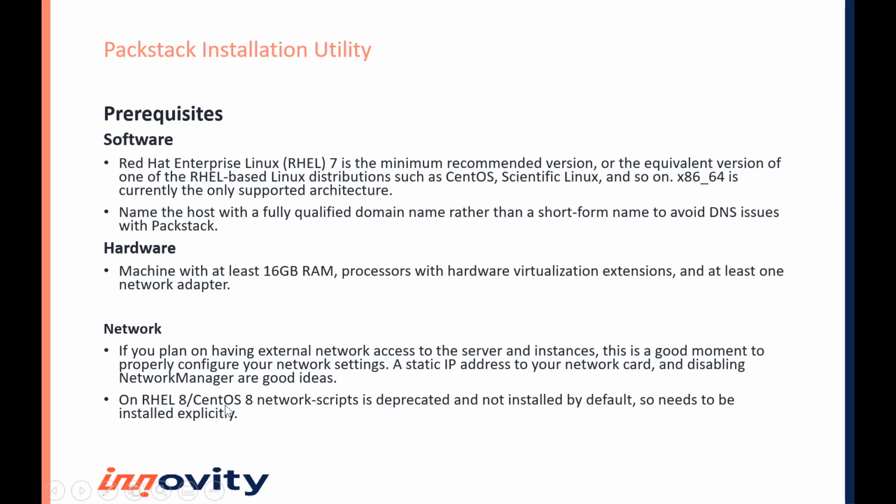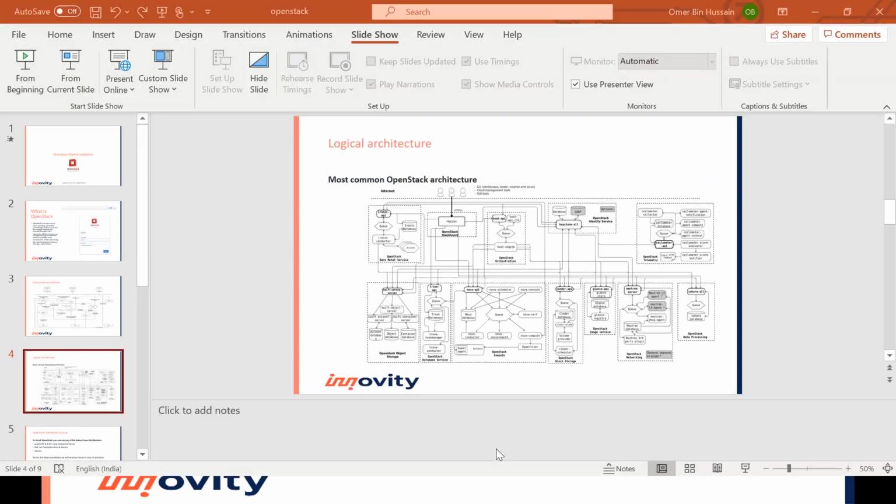And for network, if you are planning to have external network access to the server and instances, you should properly configure your network settings, like a static IP address on your network card, and you should disable NetworkManager. And one more thing: on Red Hat 8 and CentOS 8, network-scripts is deprecated and not installed by default, so you have to install that explicitly on your operating system.